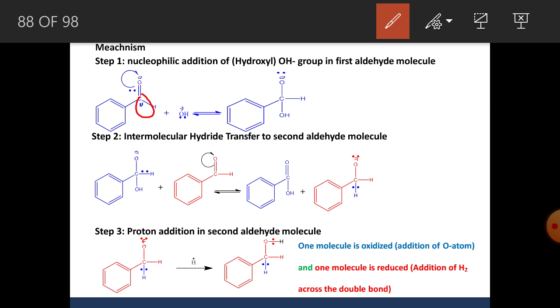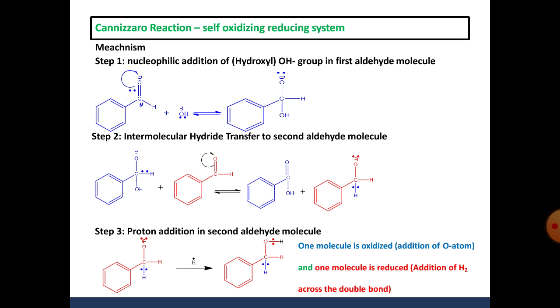That is why it undergoes an addition type of reaction. So this OH minus will attack this carbonyl carbon. After addition, this oxygen becomes electron rich and there is formation of a new bond between carbon and OH. This is step number 1.